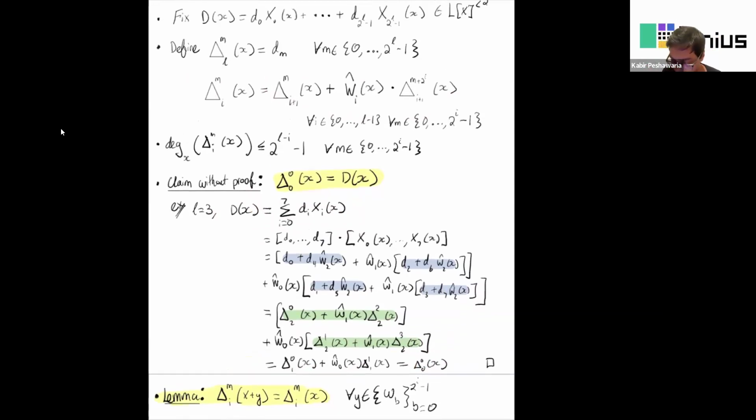So we've defined this weird looking operator, and it's really interesting because delta of ML will give us the coefficient in novel polynomial basis. But delta 0, 0 is actually a polynomial of degree strictly less than 2 to the L that gives us the evaluation at x at your input.